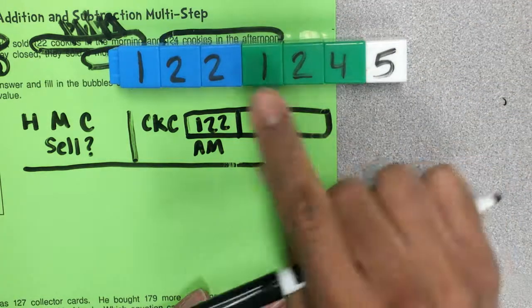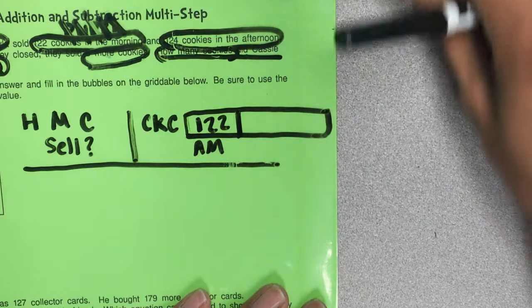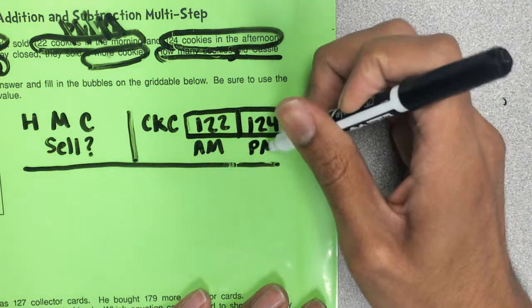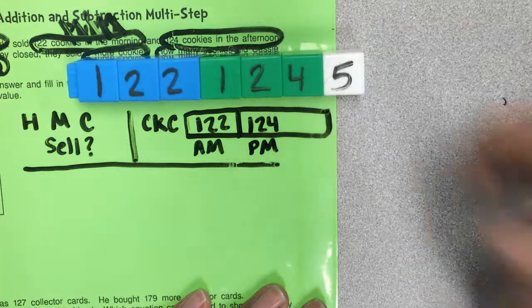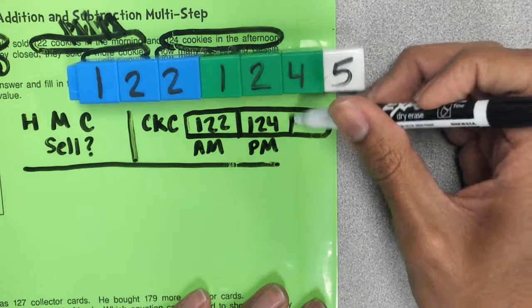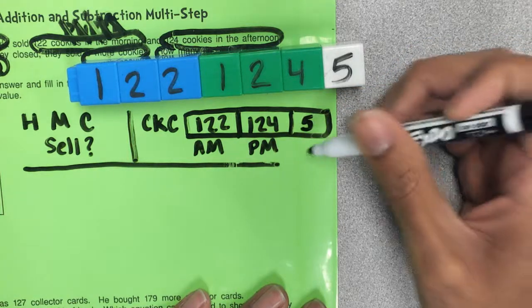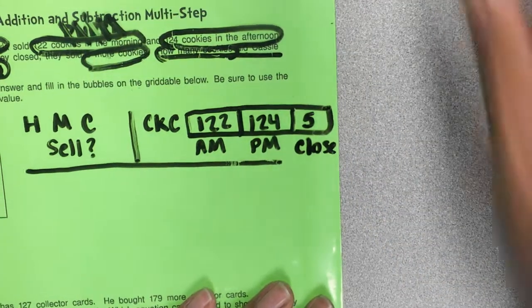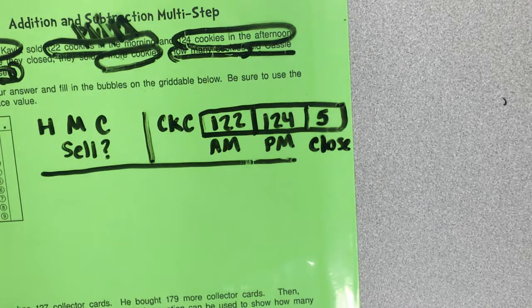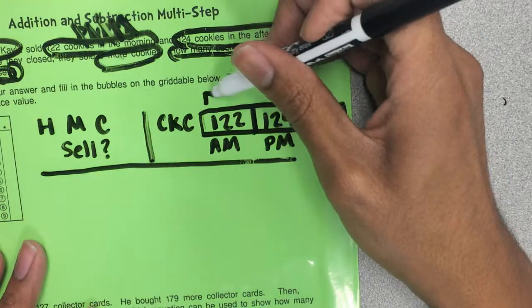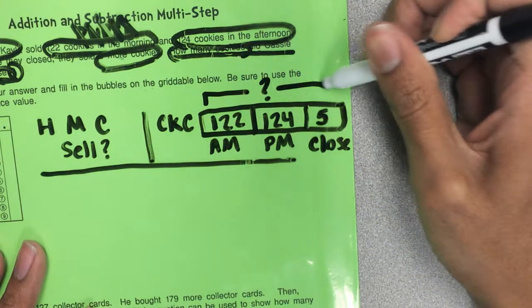And how many cookies they sold in the afternoon, 124. That was in the afternoon, in the PM. And then right before they closed, they sold 5 more cookies. So I'm going to write close. Okay, so I have my strip diagram here, but I don't know how many they sold in all. So I'm going to put a question mark for my total.